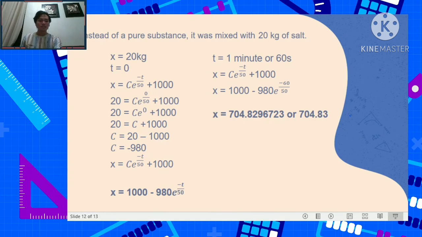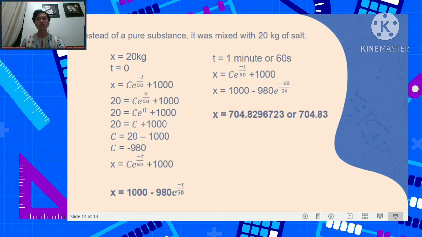And instead of a pure substance, if it was mixed with 20 kg of salt, we will have x is equal to 20 kilograms and t is equal to 0. We will also use the base formula in the previous problem. So substitute the value of x.